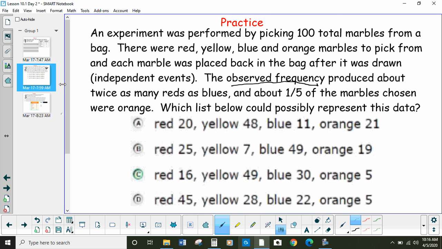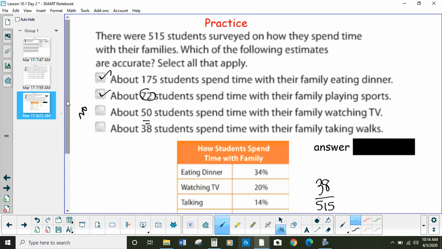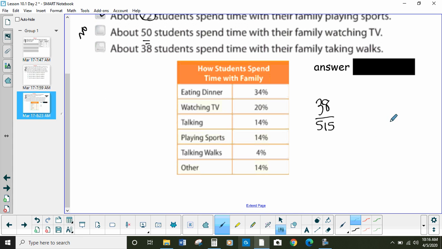Let's check our observed frequency from our experimental probability and see if that is proportional to this ratio. Remember, they're asking about taking walks, so I find the one that says taking walks. Taking walks right there. Okay, 4%. And 4% means out of 100. So are these the same, about?